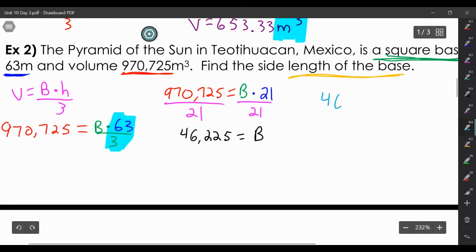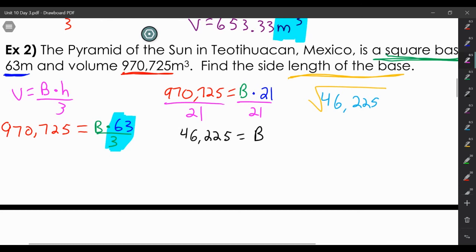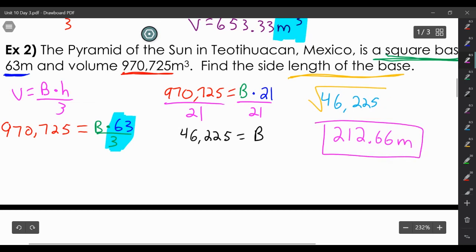What we can do is take the square root of this number, and that gives us the length of one of the sides. When we take the square root of 46,225, we get 212.66. So that is the length of one of its sides.